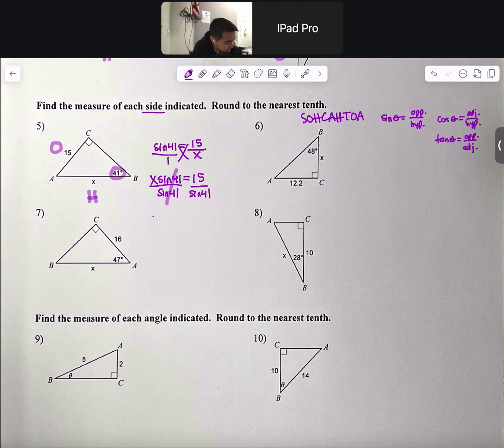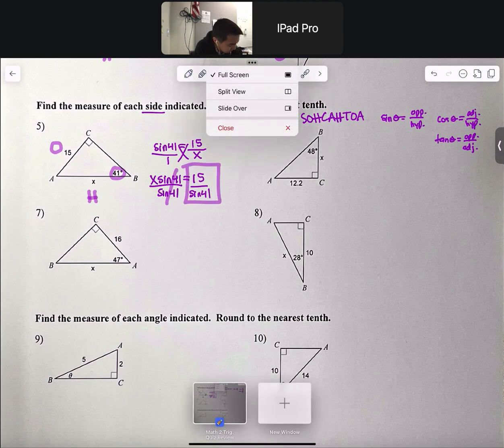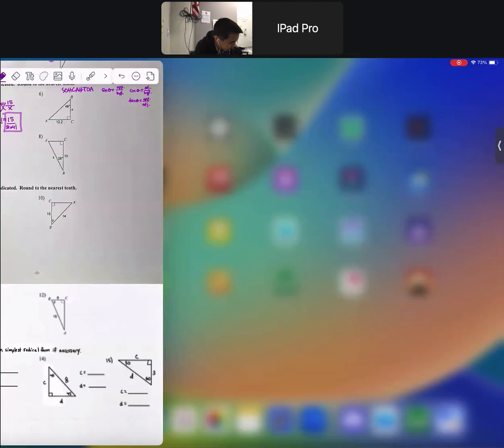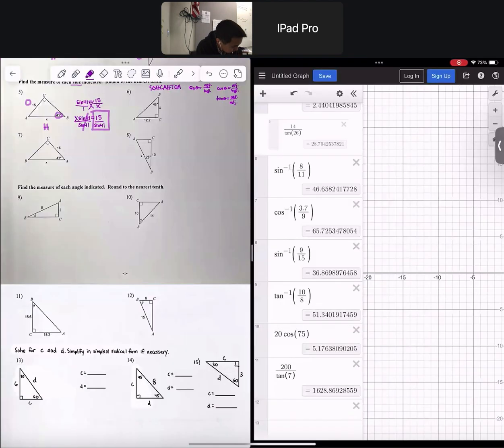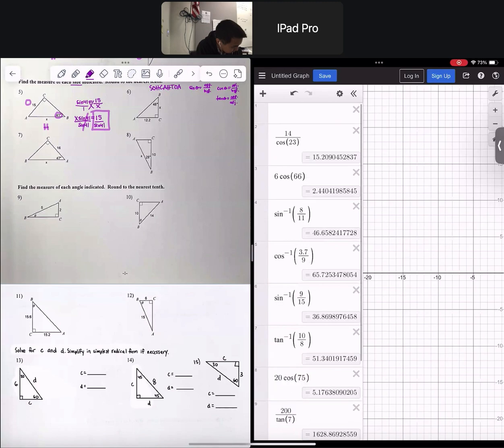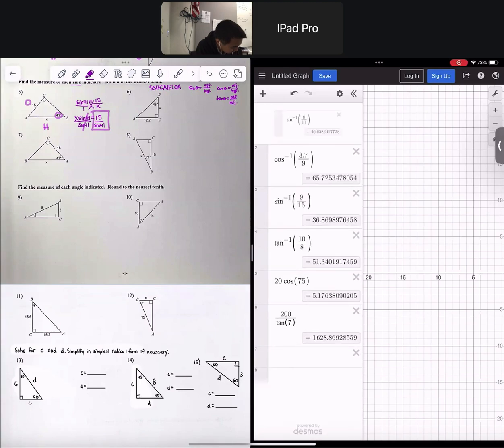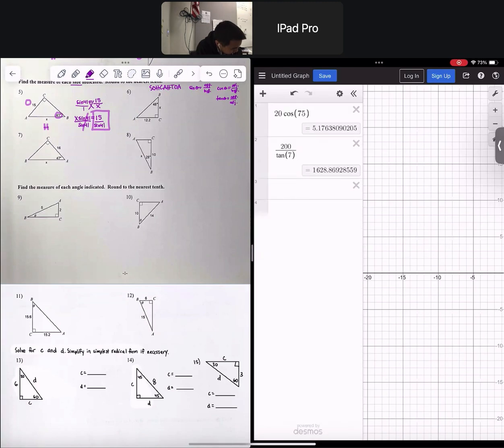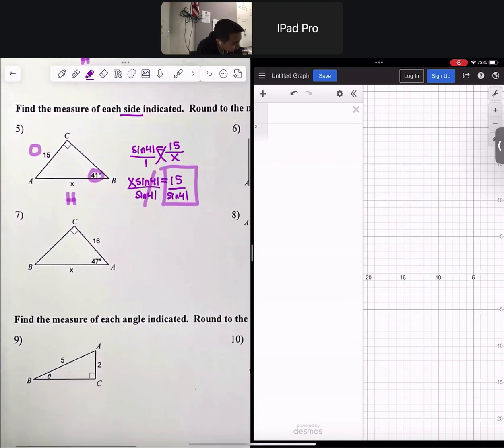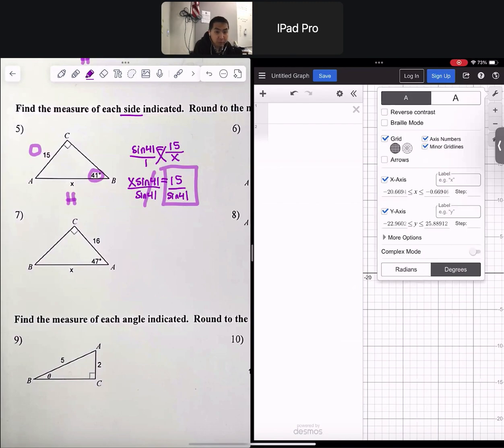Cancel. And this is what we're going to put in our Desmos calculator. So I need to do that for us. Let me delete all these. Okay, so we're going to utilize our Desmos. Please remember, everyone, you need to make sure that this is highlighting degrees.